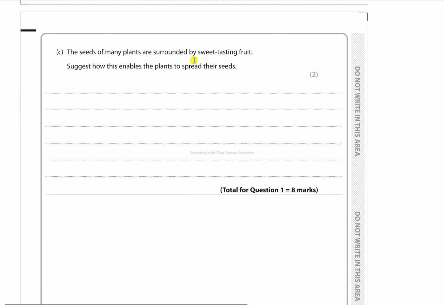The seeds of many plants are surrounded by sweet tasting fruit. Explain how this enables the plants to spread their seeds.